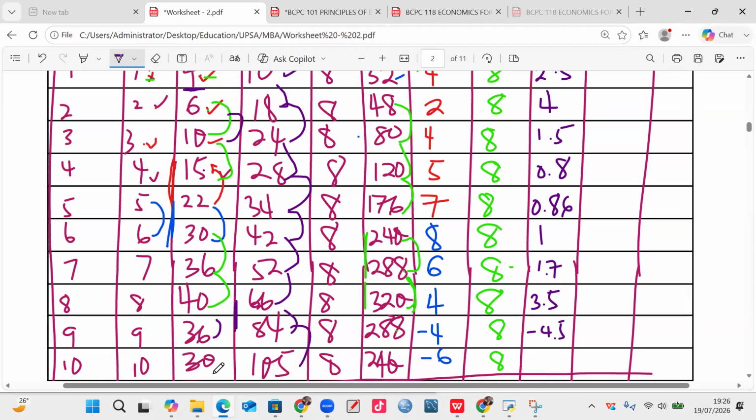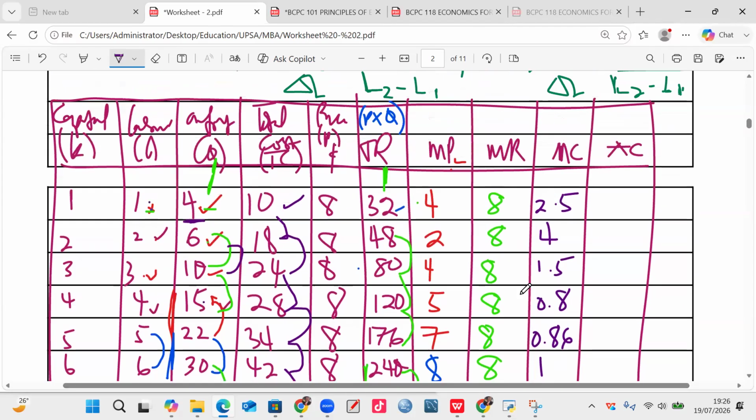Then 105 minus 84 divided by 30 minus 36: 21 divided by negative 6. Minus 3.5.